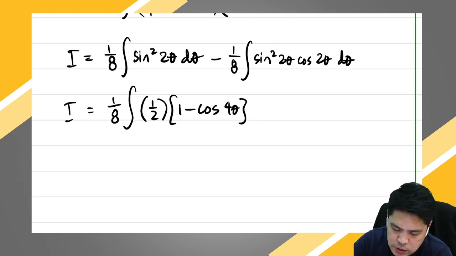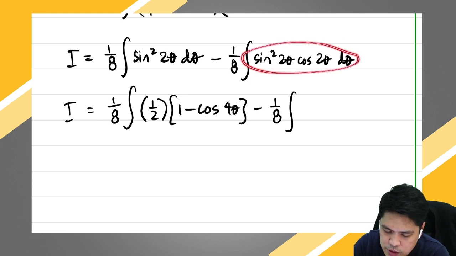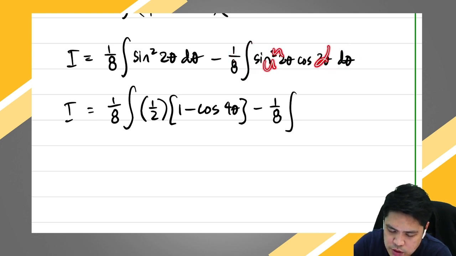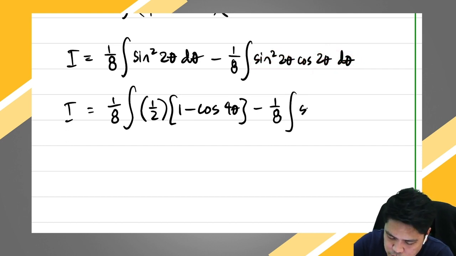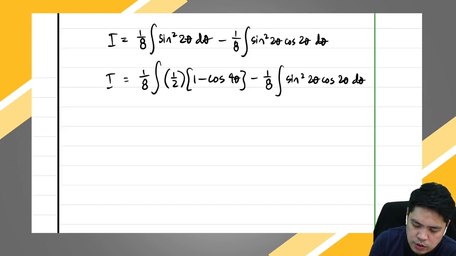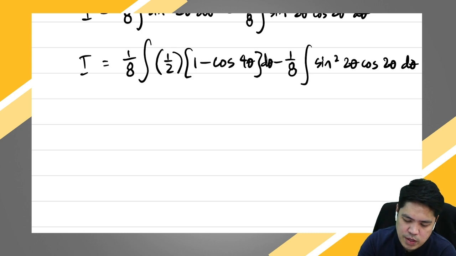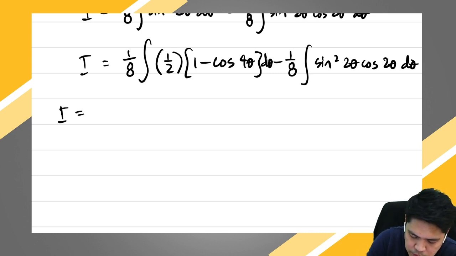Then minus 1/8 times the integral of, this one is easy because this will become u raised to n du, because the derivative of sine is cosine. So let me copy that here. That would be sine squared 2 theta cosine 2 theta d theta. Okay. Sorry, there is no d theta here. We should still have a d theta here. Yes.